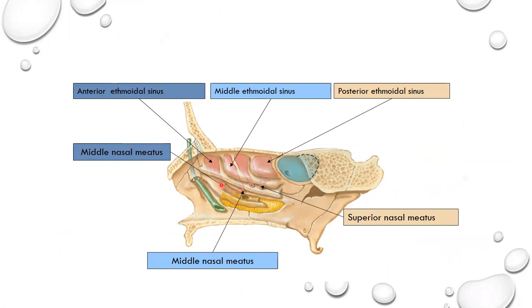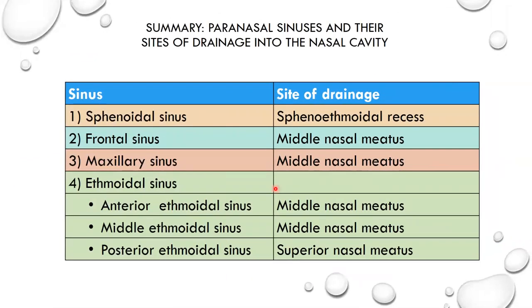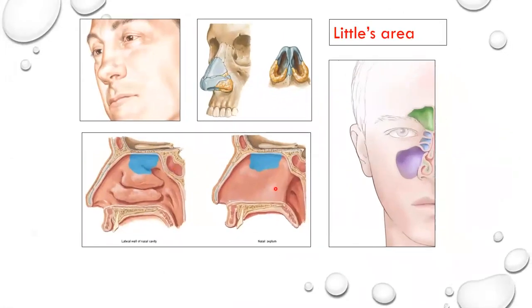The middle ethmoidal sinuses open into the middle nasal meatus too. While the posterior ethmoidal sinus drains into the superior nasal meatus. These are all the sites of the openings of the sinuses. Okay, I think that's all.